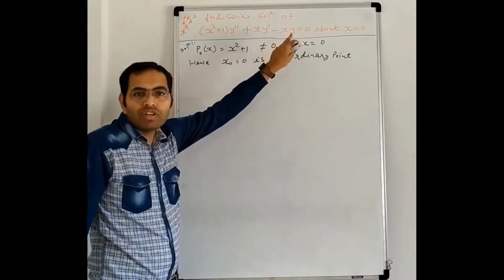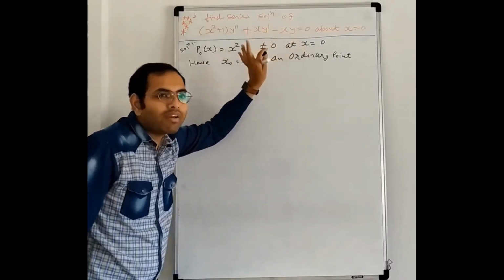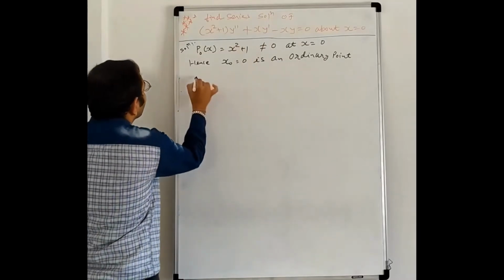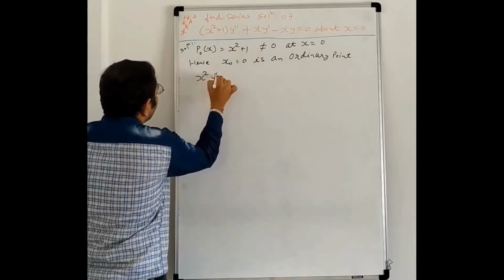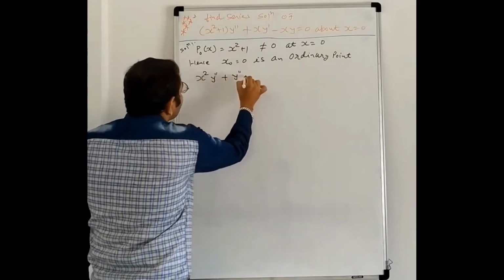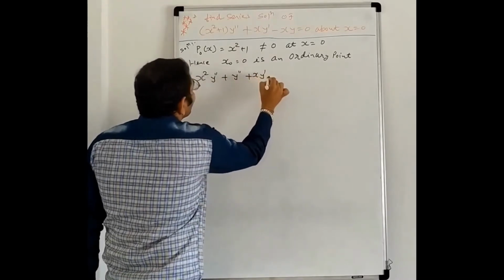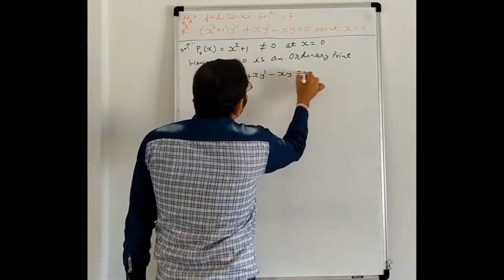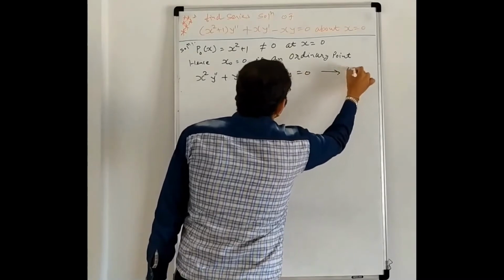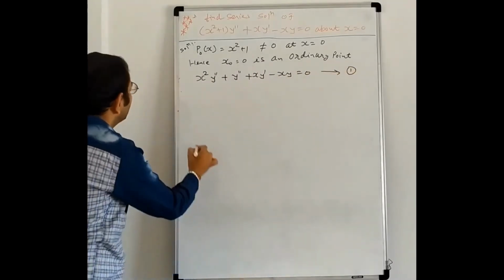That is our equation number 1. Then expand it. Then we get x square y double dash plus y double dash plus xy dash minus xy equal to 0. That is our equation number 1.